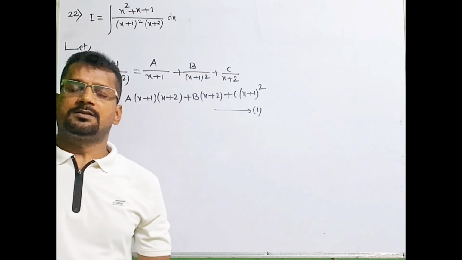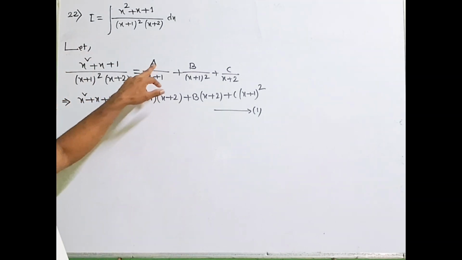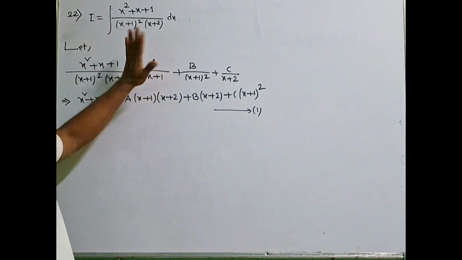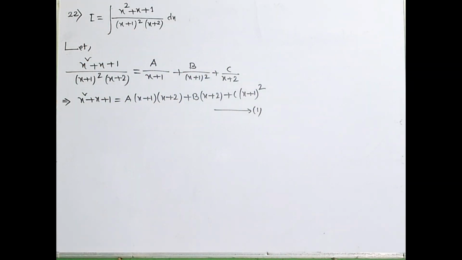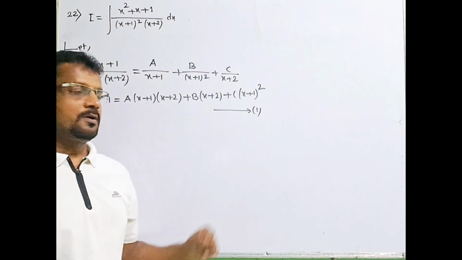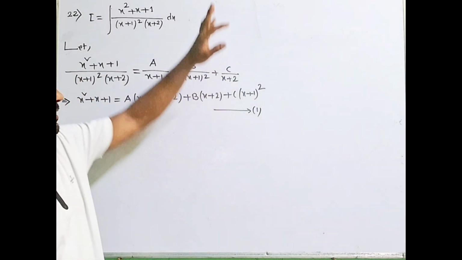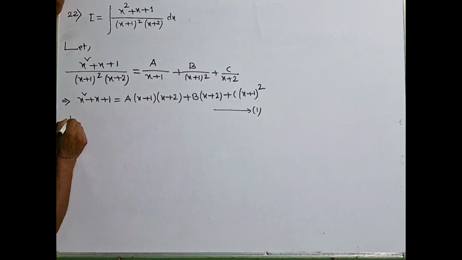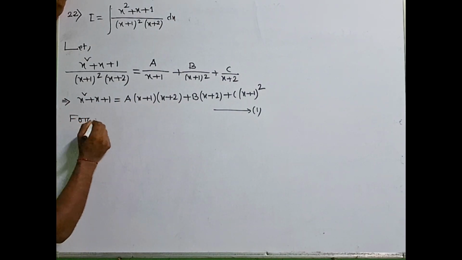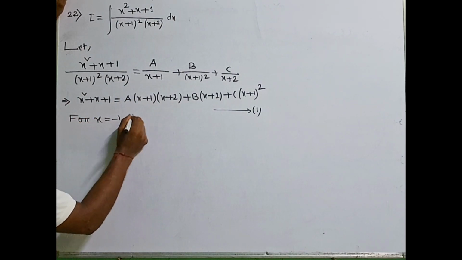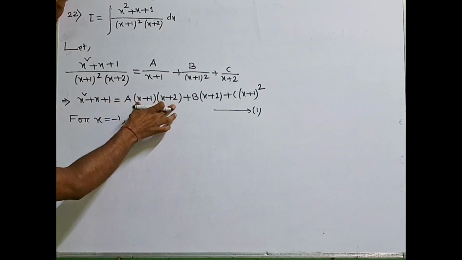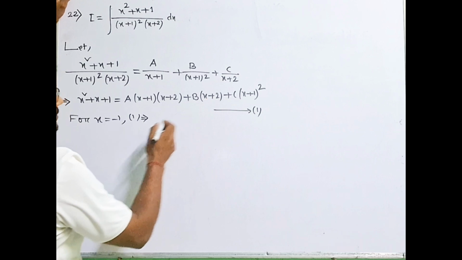A, B, C are any numbers, and if we can obtain the numbers A, B, C, that means this is expressed in terms of partial fractions. Now the question is how to obtain A, B, C. For that, let us do one thing. If we take x = -1 in equation 1, then this term is 0, this is also 0.